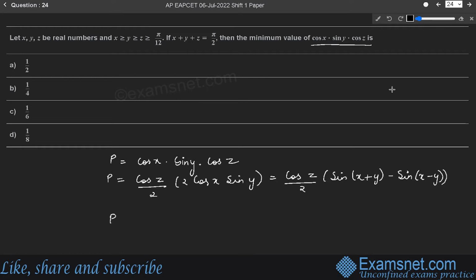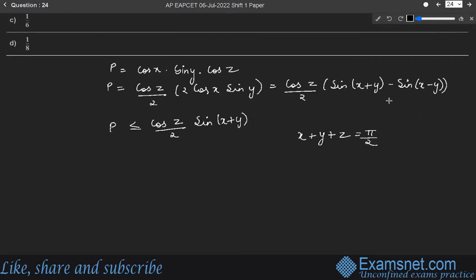Therefore, P is less than or equal to cos z upon 2 into sin(x plus y). And we know that x plus y plus z is equal to pi by 2. So it becomes P is less than or equal to cos z upon 2 into cos z. So P is less than or equal to cos square z upon 2 and it lies between 1 by 4 and P.